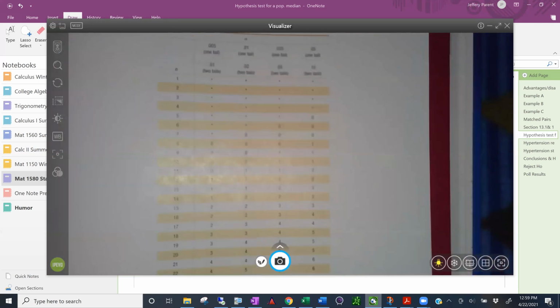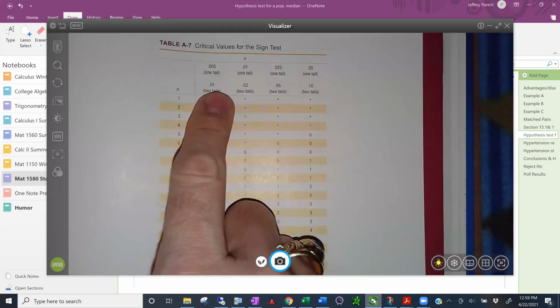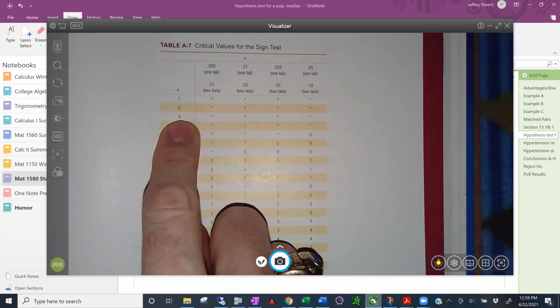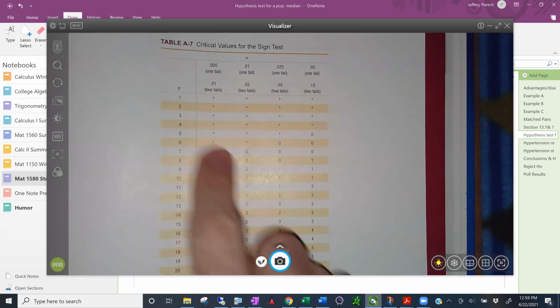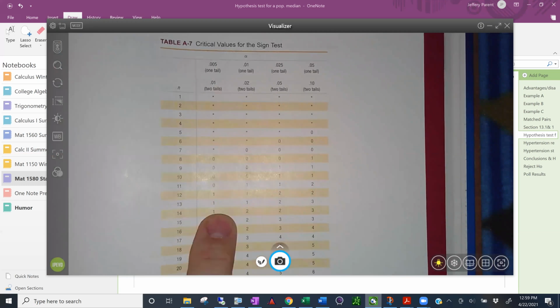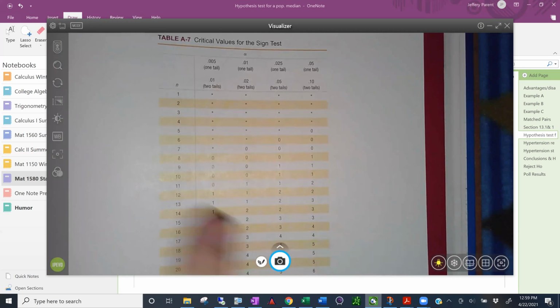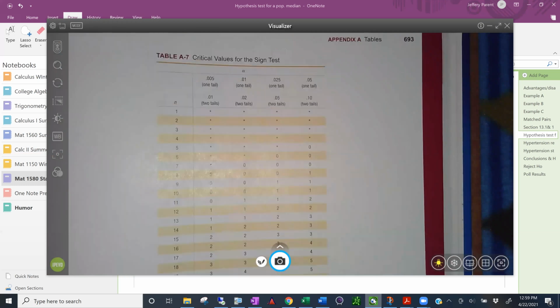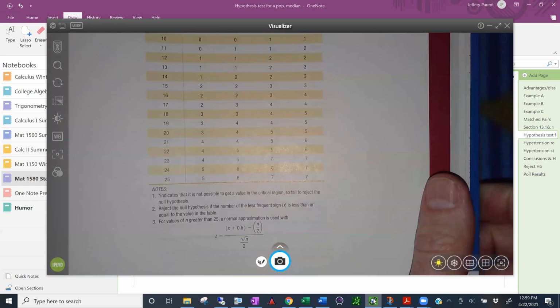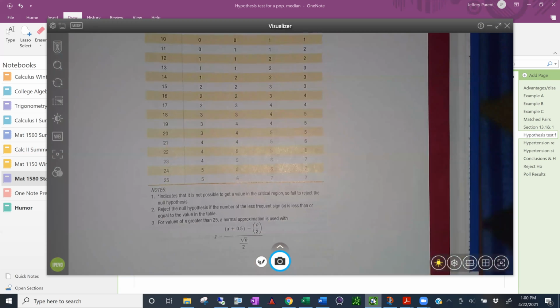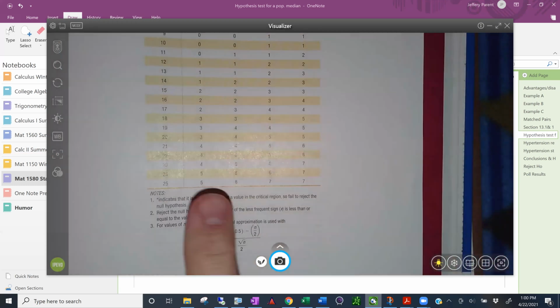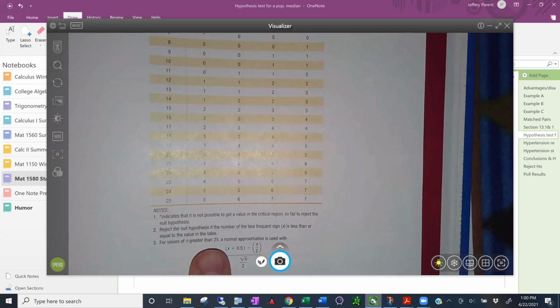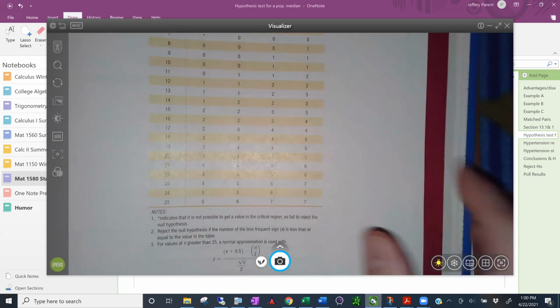And you got to figure out, are you doing a one-tail test or a two-tail test? You got to figure out what n is, et cetera, and then pull out the correct critical value for your sign test. Fortunately for us, StatDisk will do that for us. But the important thing to keep in mind is that you're going to reject H0 if your test statistic, the smaller number, is less than or equal to the number that you get from this table.